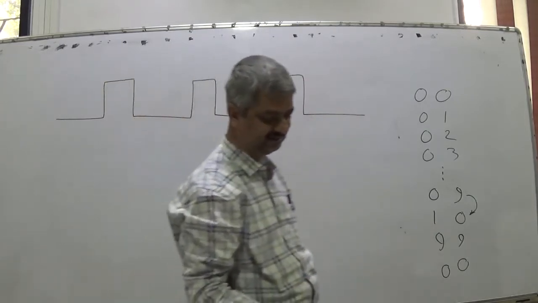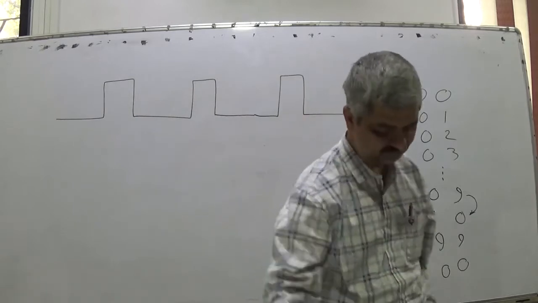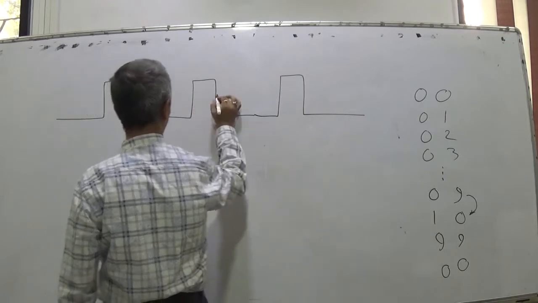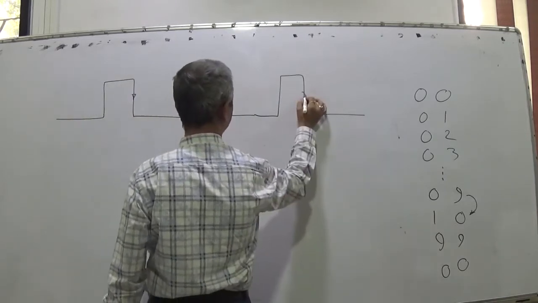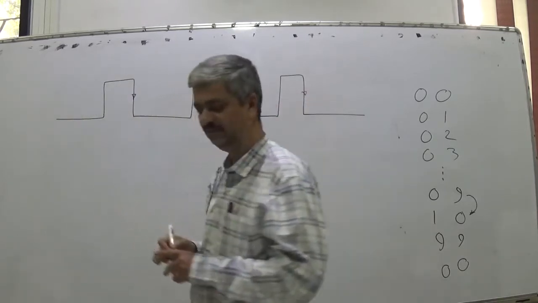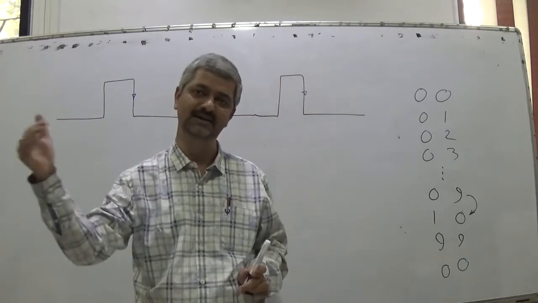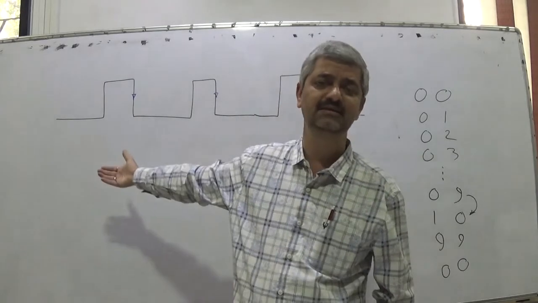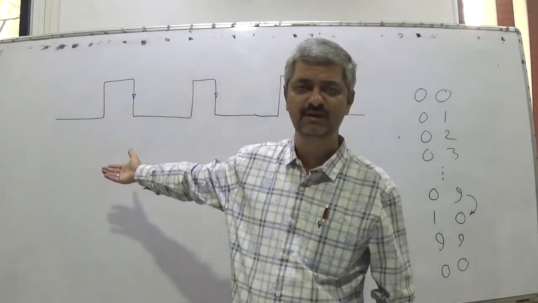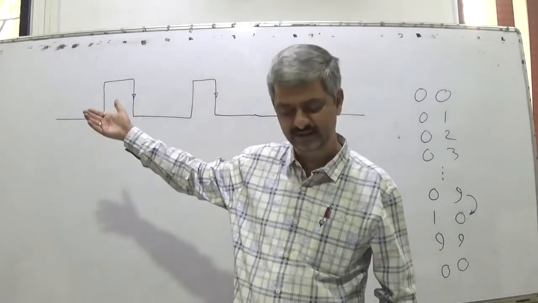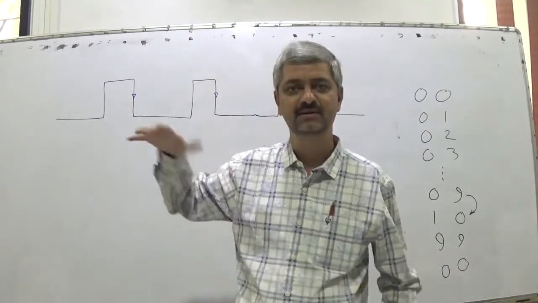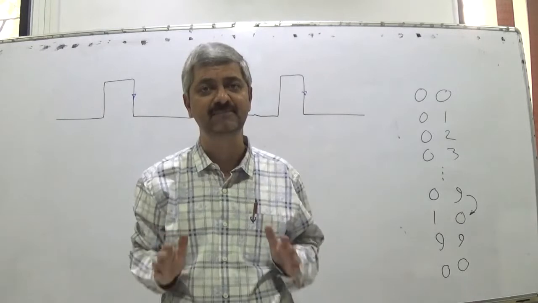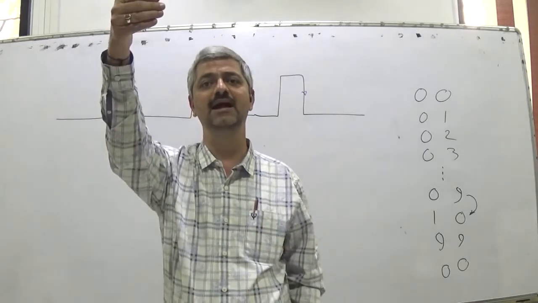A 1 to 0 pulse coming means one article is passing. Then that conveyor belt may be in the industry, on the shop floor, and in the manager's cabin, he wants to know how many articles have passed.